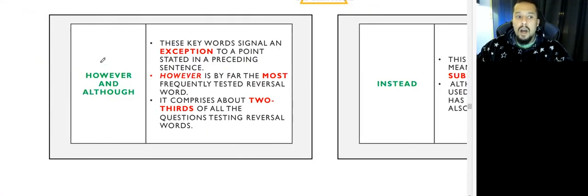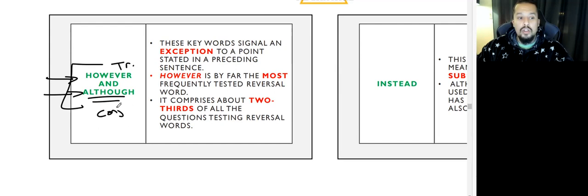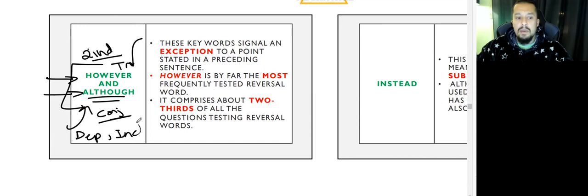The most common, however, although. However is a transition, although is a conjunction. Just don't forget that. So however is used with two independent ideas, right? Although is used with a dependent idea and an independent idea.